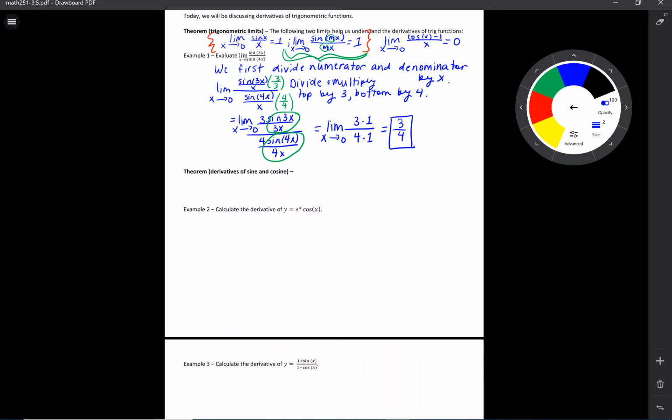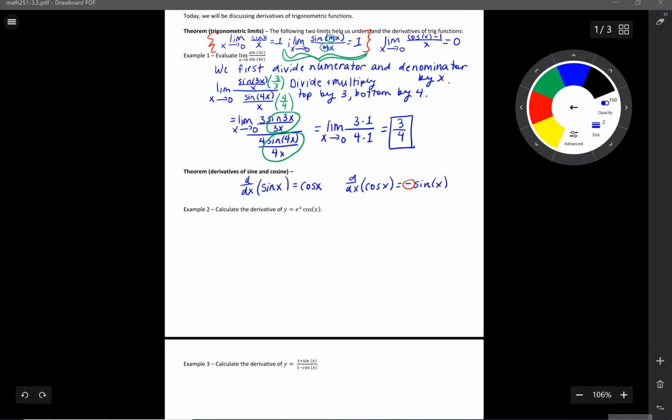So the derivative of sine of x is equal to cosine of x, and the derivative of cosine of x is equal to negative sine of x. So I do recommend memorizing these as we will be using them throughout the rest of the term. They're pretty easy to memorize, except you have to remember this negative right here.